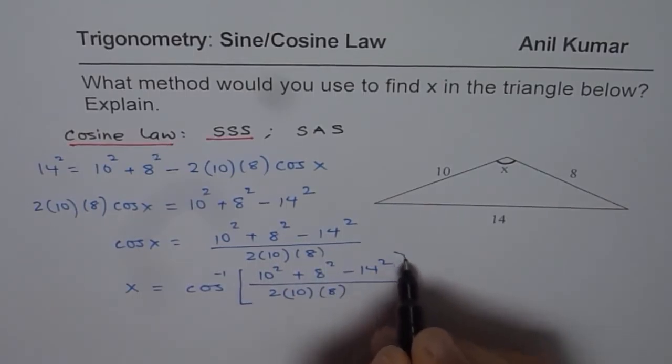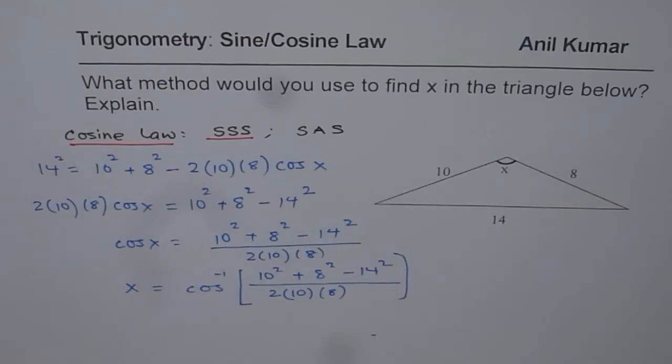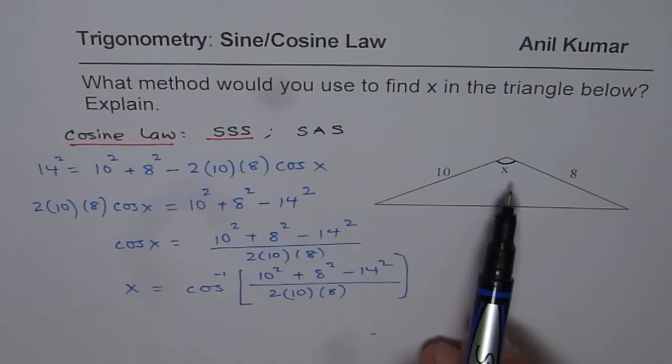Correct. So that is how you apply the formula and get your result. I hope the steps are absolutely clear. You can actually use the calculator, solve and find the value of x.